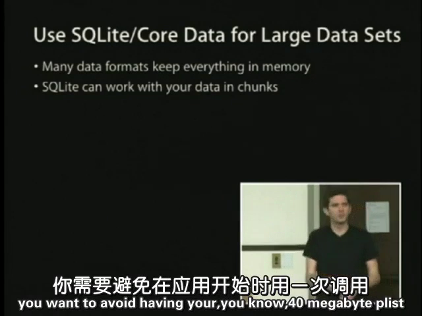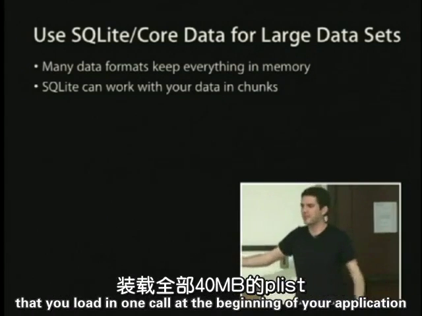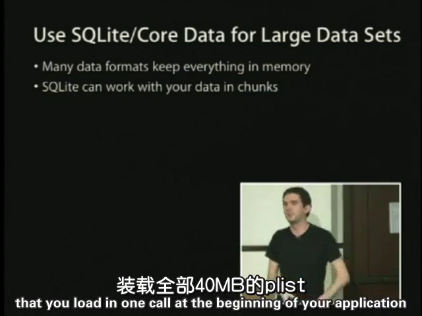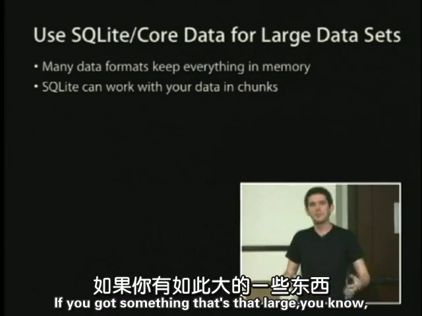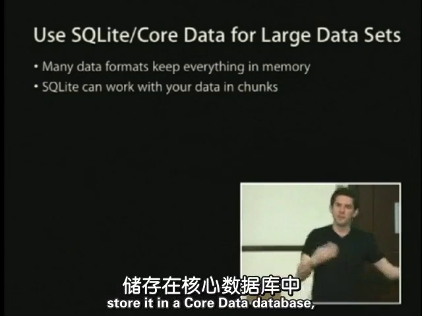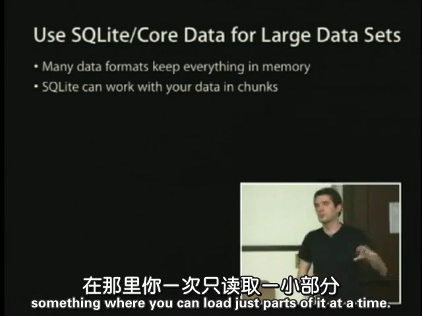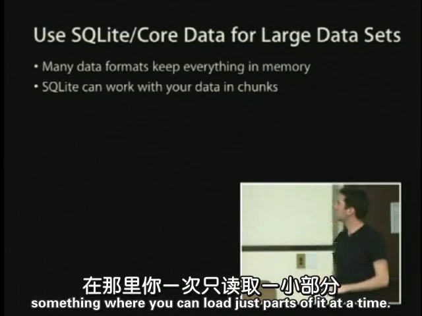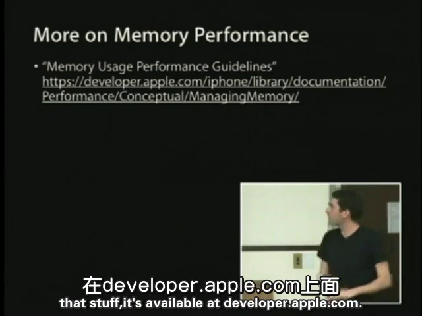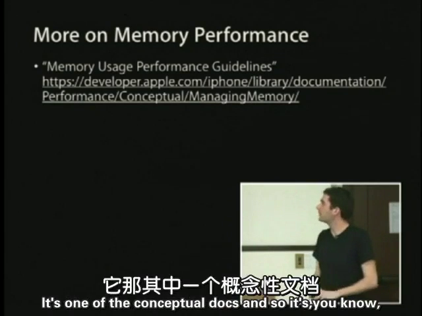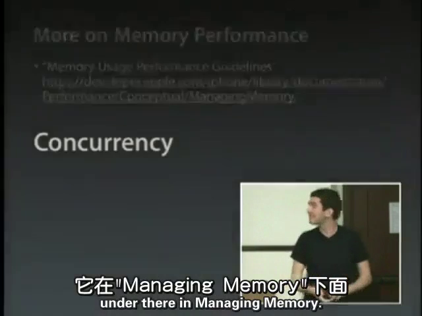You want to avoid having your 40 megabyte plist that you load in one call at the beginning of your application that gets stuck in memory the whole time. If you've got something that large, break it into smaller pieces and store it in a Core Data database, something where you can load just parts of it at a time. There's also some really good documentation on all this stuff available at developer.apple.com. It's one of the conceptual docs, under Managing Memory.